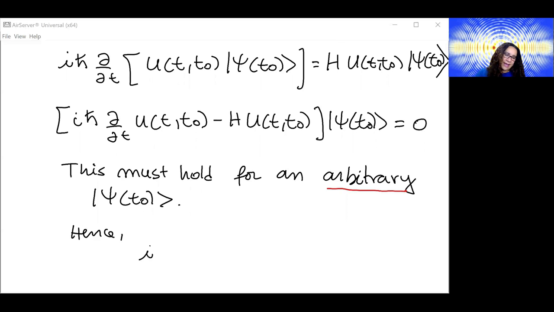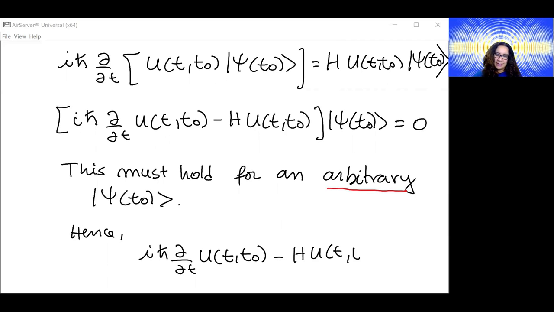So this means then that i h-bar d/dt U(t, t0) minus H U(t, t0) is equal to 0.